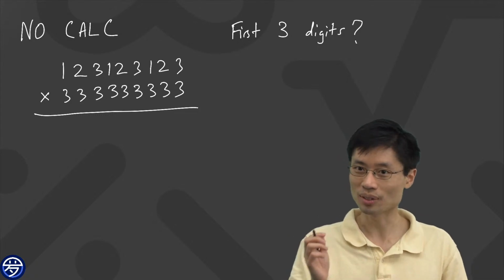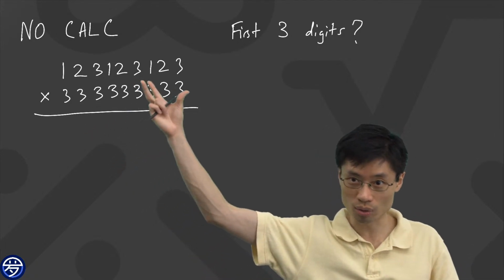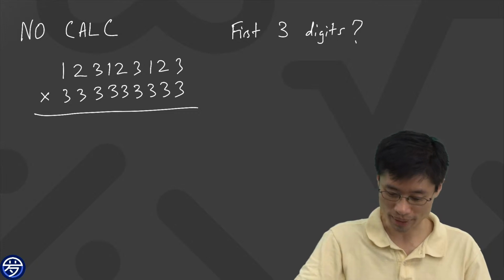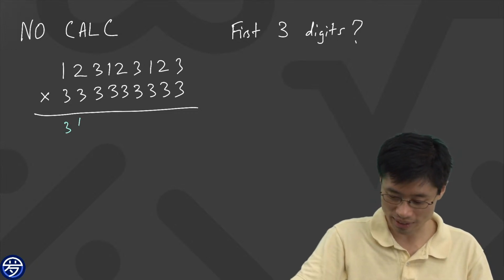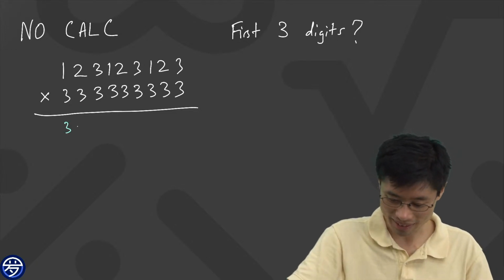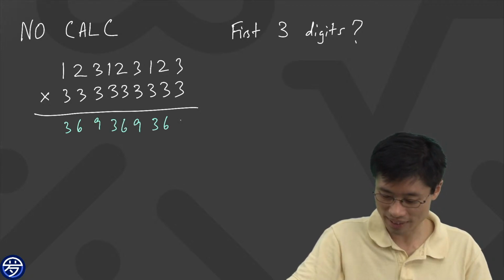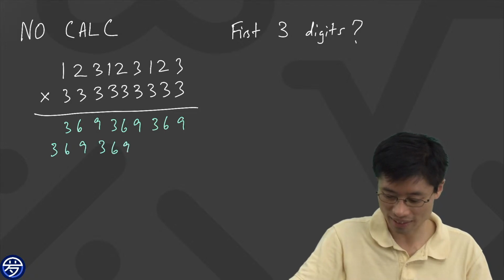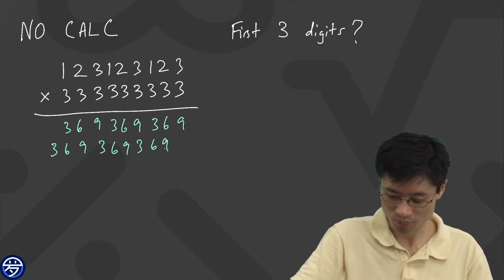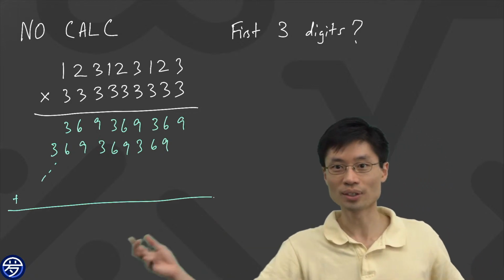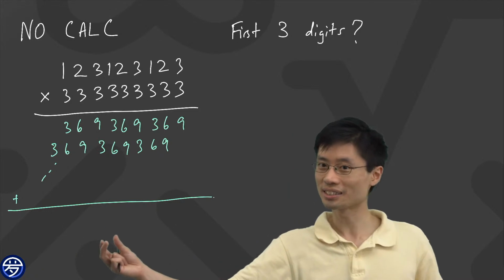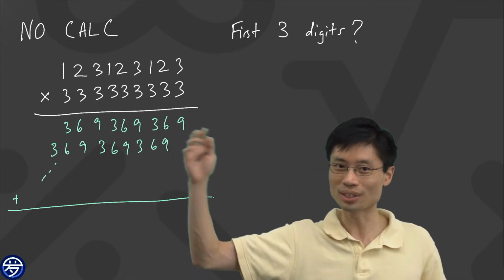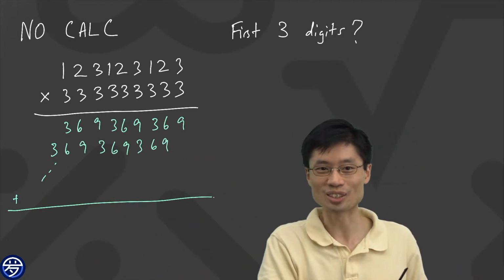It can't be 369, because if we did the whole long multiplication, this is 369, 369, 369, and the next one is 369, 369, 369, and it goes all the way out, and then you add. When you add, you're not going to get a 369 at the front. It's going to have all this weird carrying. So what's the right way to do this problem?